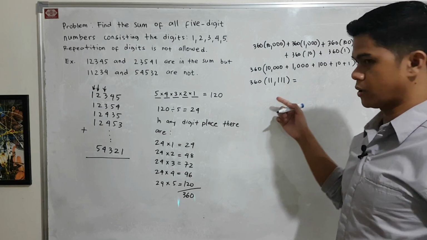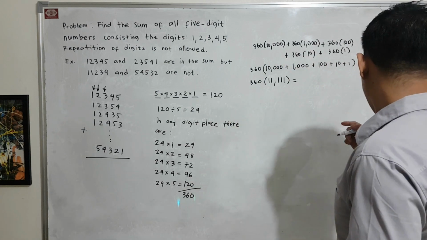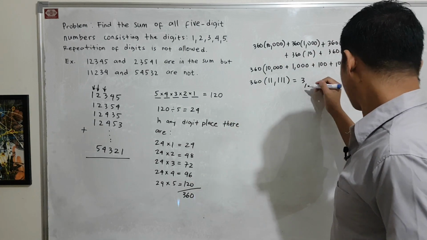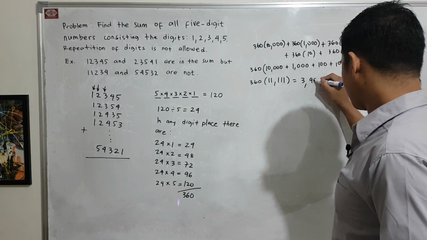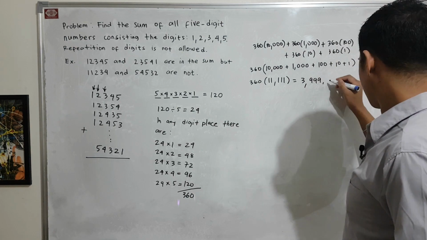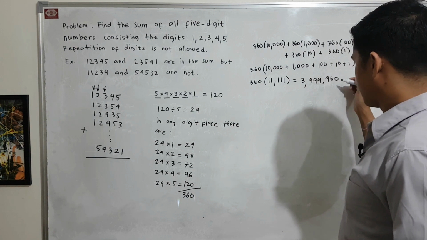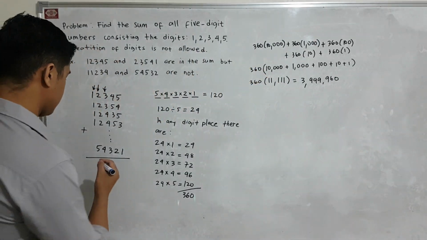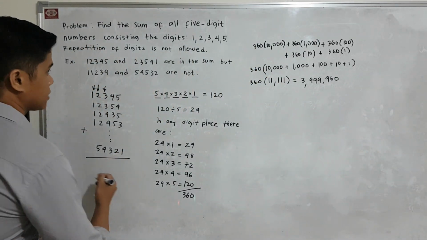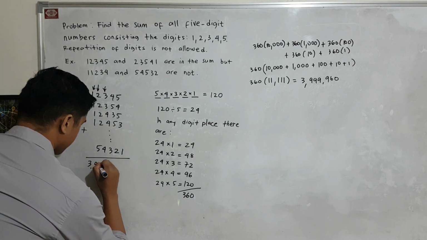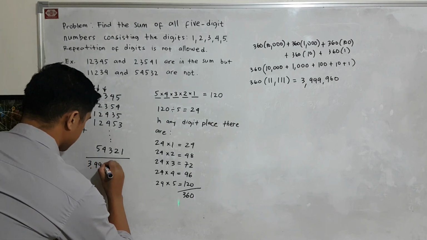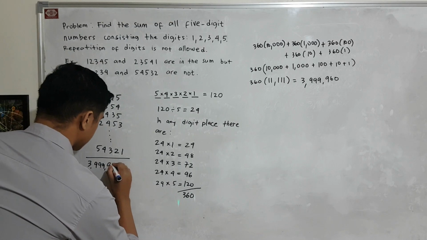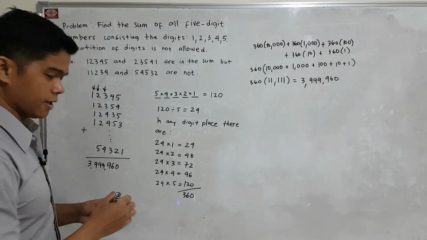If you multiply these two numbers, we should have 3,999,960. And that's our sum. So the answer to our problem is 3,999,960. And actually that's it.